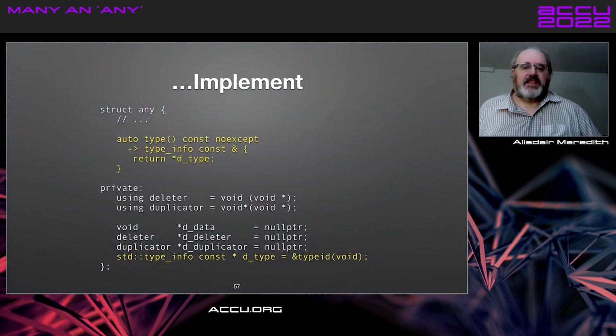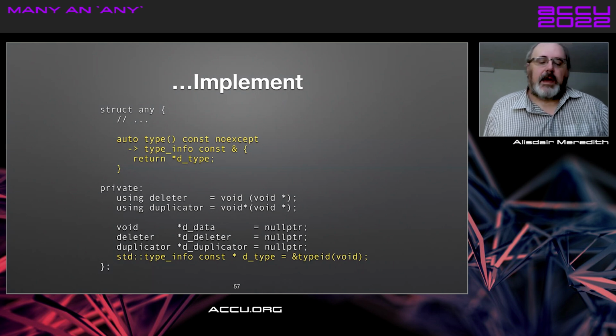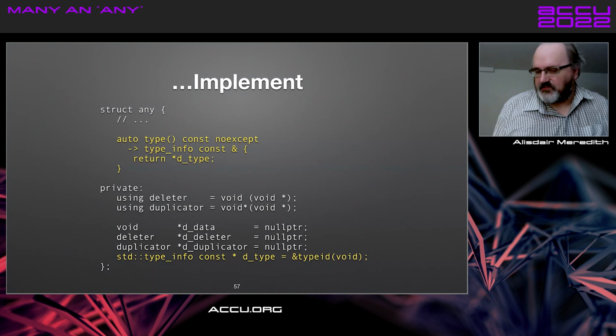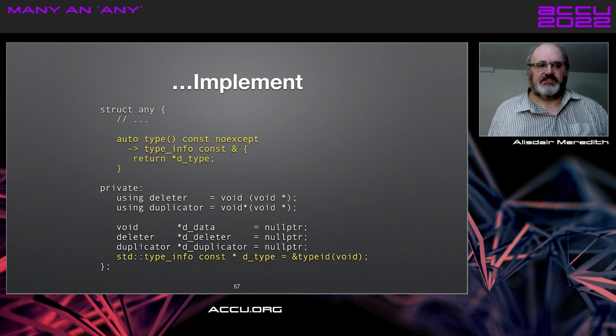So how do we implement our final accessor, the type function? Well, fairly simple. I add yet another data member to my class that stores a pointer to the type info. Type ID returns a reference. I could just store the reference, but if I store the reference directly, then my any implementation would not be copy assignable, because when I assign to my any, I can't rebind that reference.